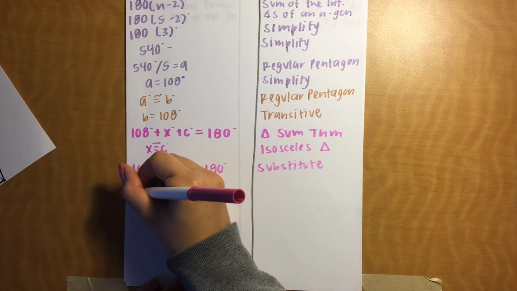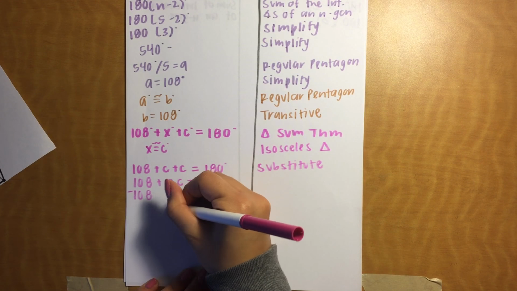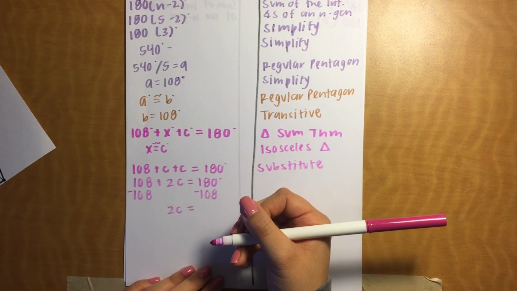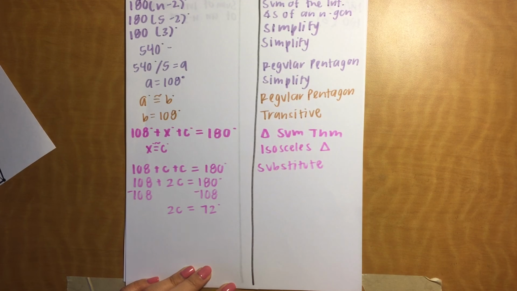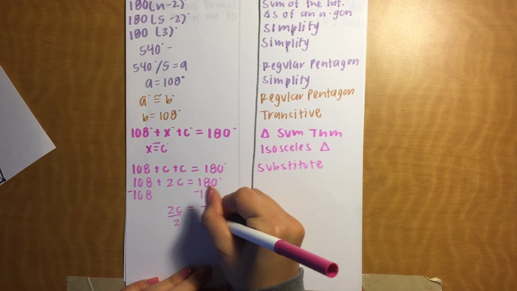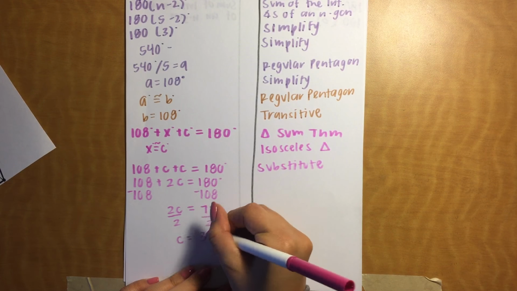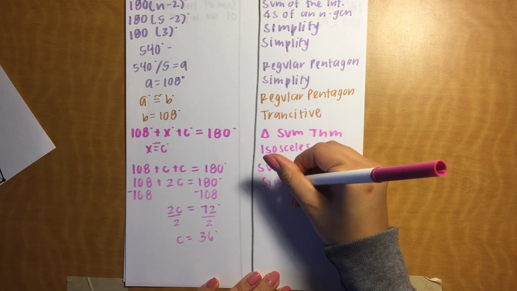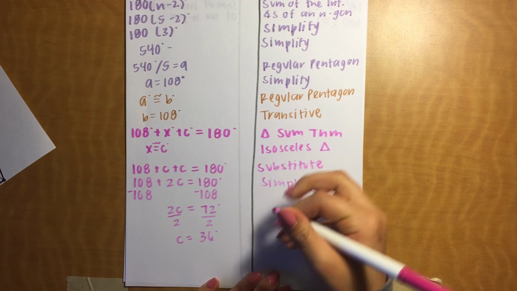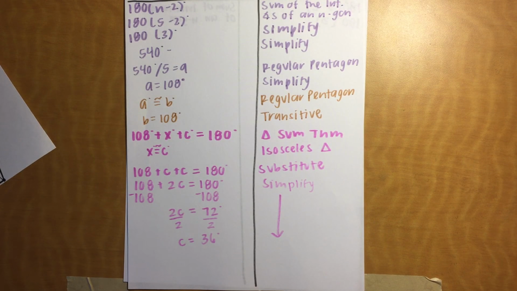And then we just have to subtract 108 from both sides. So we have 2C is equivalent to 72 degrees. And then just divide by 2. And that is 36 degrees. All of this is just simplifying. So we have C is 36 degrees.